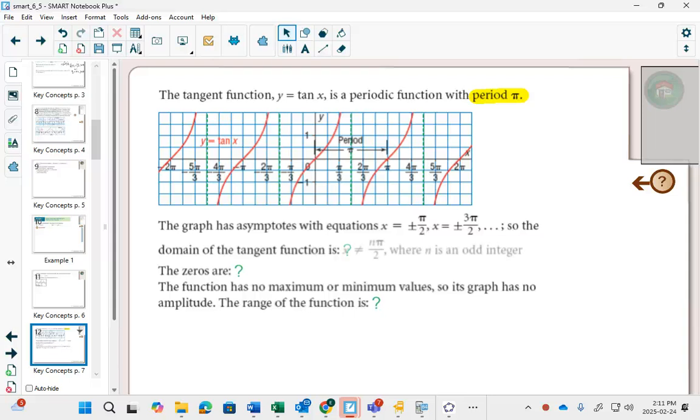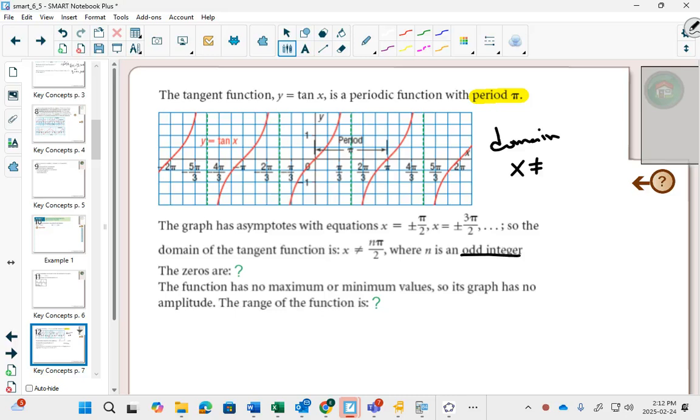The domain, everywhere, actually I don't like that they use words here. It's not actually good mathematics. For the domain, x can't equal, well, if tangent is sine theta over cos theta, that was one of our big ideas, and you're never allowed to divide by 0.